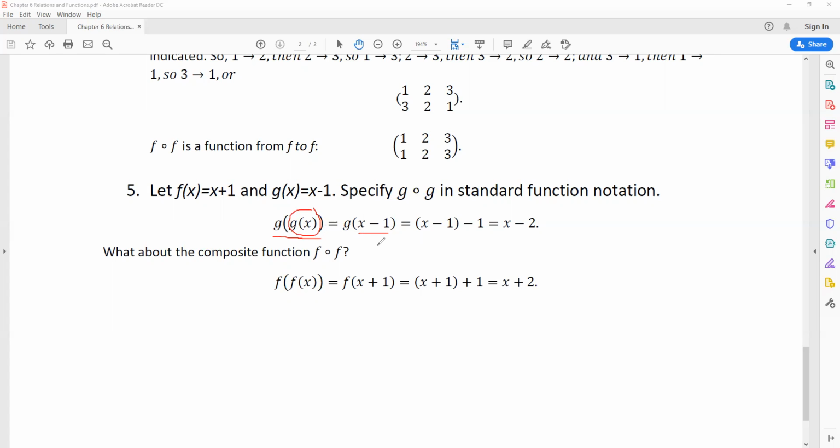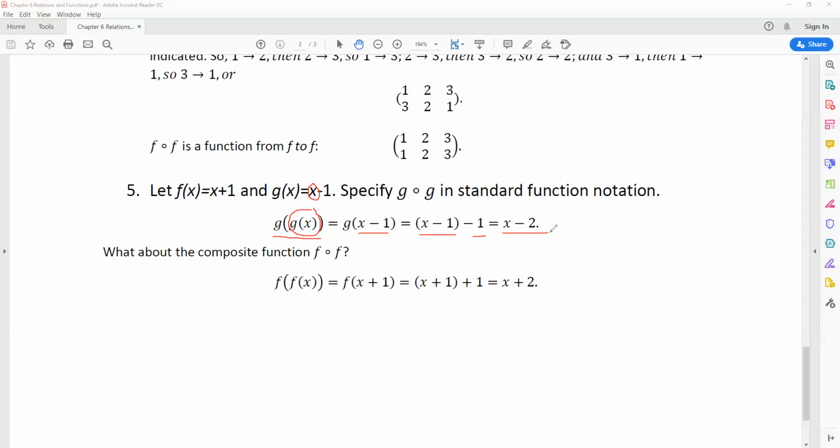Makes it a little clearer now that the domain is x minus 1, which means I go back into g. And in place of the x, I'm going to plug in x minus 1. That's the domain value. Well, if I plug in x minus 1 in place of x, that's going to give me x minus 1 minus 1, which is x minus 2.